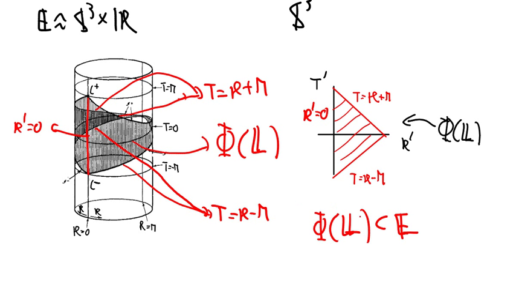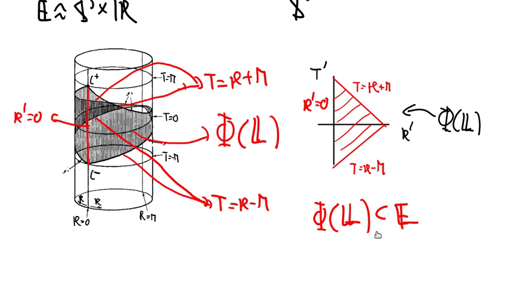The image is not the whole Einstein static universe. It's just a proper subset. Okay. So if we combine this with what I have said before, we truly see that this phi is a conformal embedding.